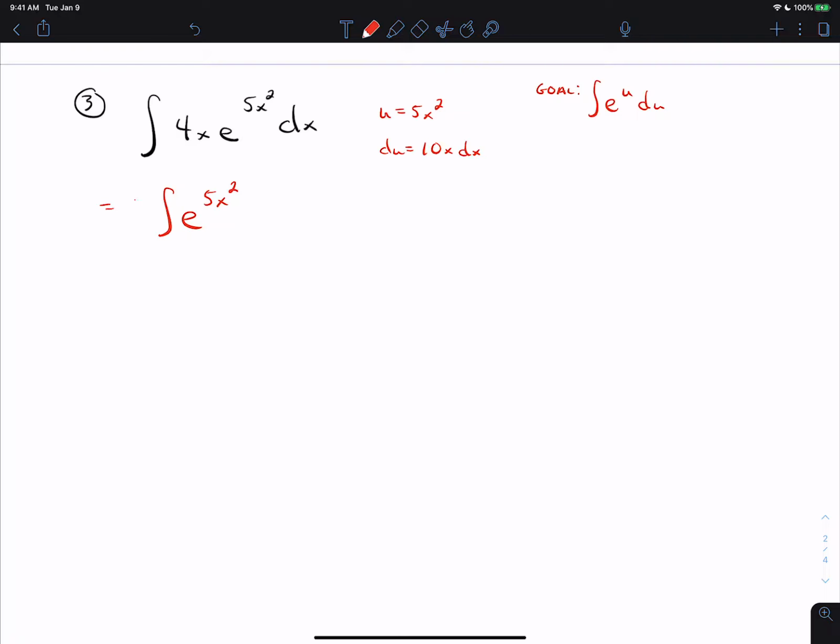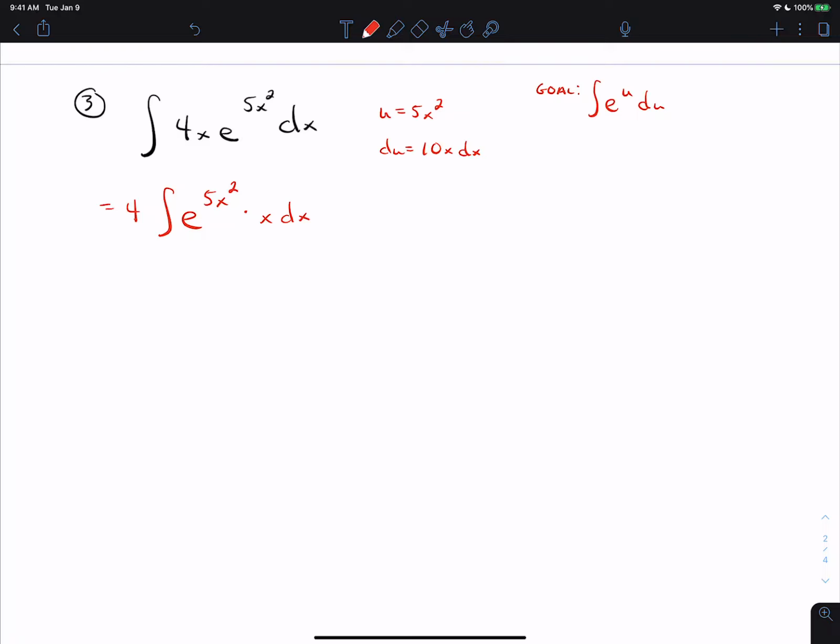The 4 is not part of the u or the du, so we're going to choose to pull that out. We cannot pull the x out, and the x is part of the du, so we put the x at the end next to the dx. We've got e to the u, we almost have du.